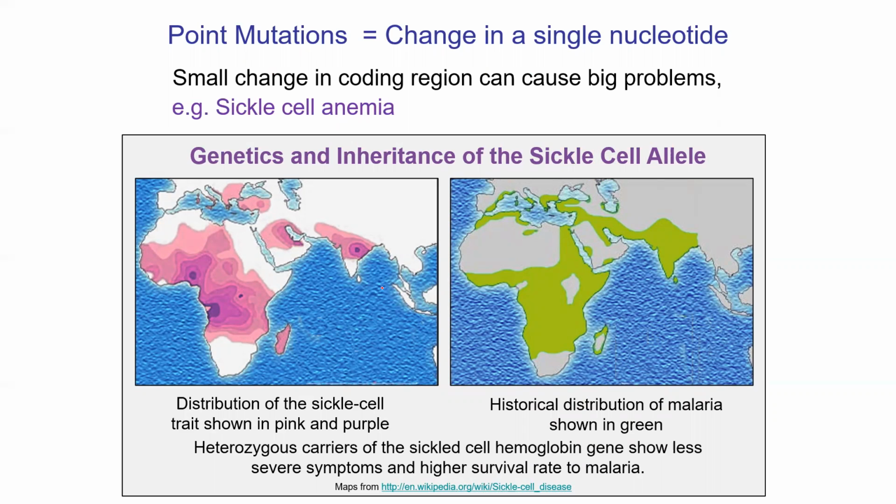And so it turns out that people who are heterozygous, so they carry the allele for this gene, are somewhat resistant to malaria. At least they don't have severe symptoms. And so this is why this mutation is relatively common still in some populations.